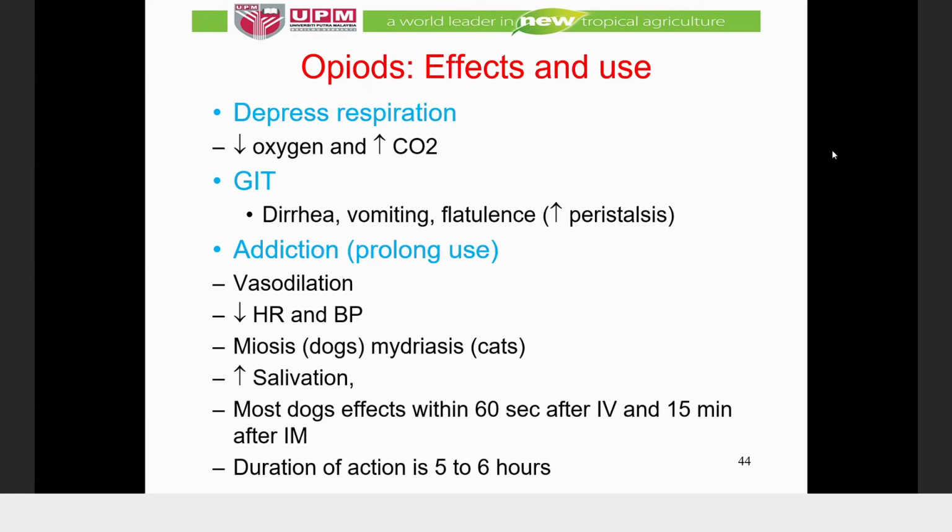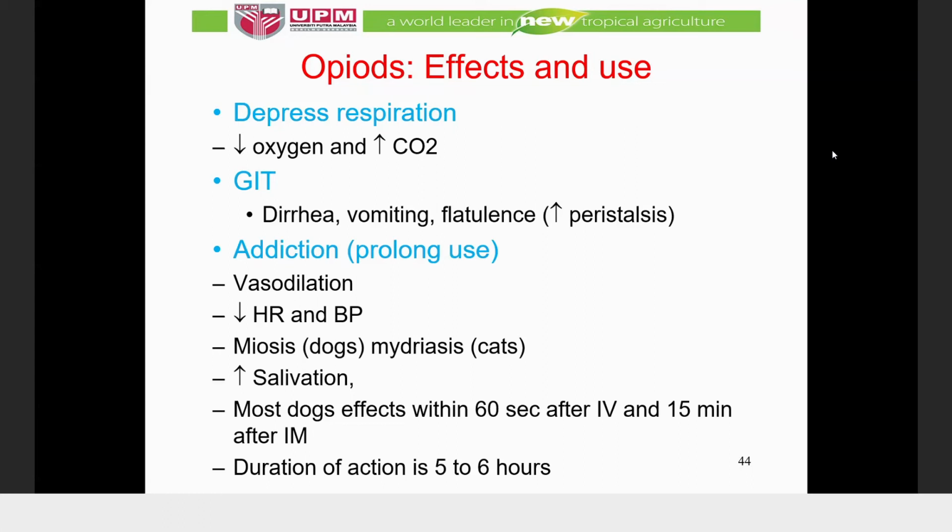Addiction, of course, is from prolonged use, which we are not using here. Vasodilation, of course, they will affect the vessels. They dilate the vessels, causing pooling of the blood, resulting in a decrease in heart rate and blood pressure. They cause meiosis in dogs, mydriasis in cats, and increased salivation.